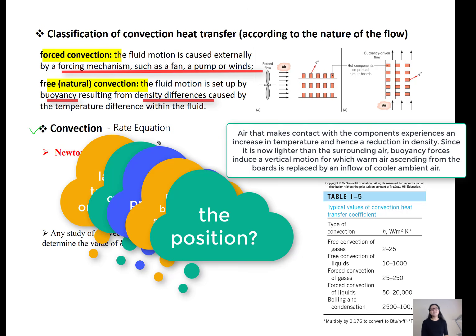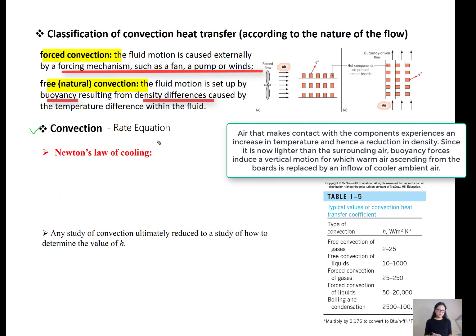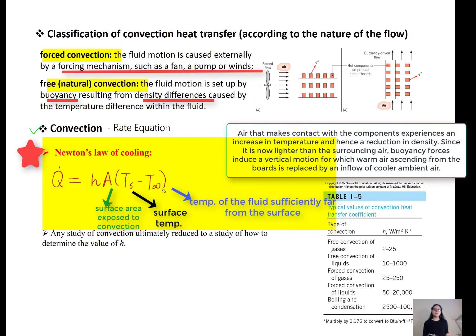However, the rate equation for convection looks really simple. It is called Newton's law of cooling. So convection heat transfer rate is linearly proportional to the temperature difference between the solid surface and the fluid. And this h, we call it the convection coefficient.